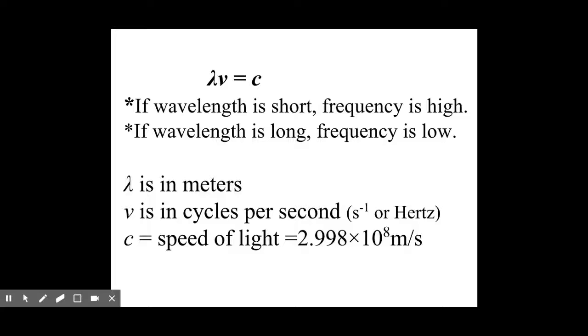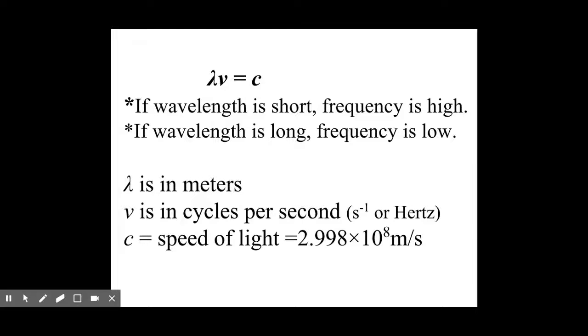Wavelength, symbolized by the Greek letter lambda, and frequency, symbolized by the Greek letter nu, can be multiplied together to get the speed of light, that is c, the universal constant. If the wavelength is short, frequency is high, and vice versa. So they are indirectly related.